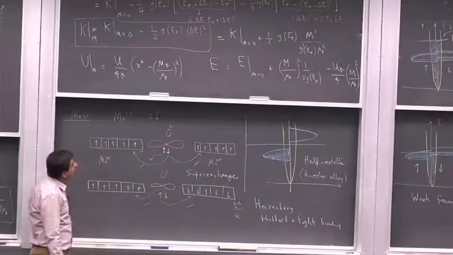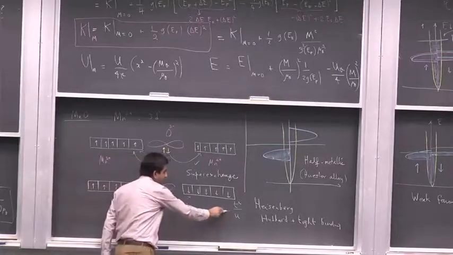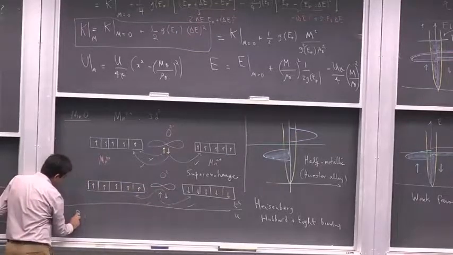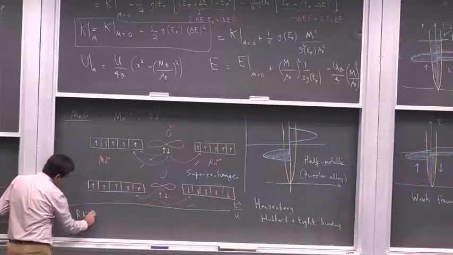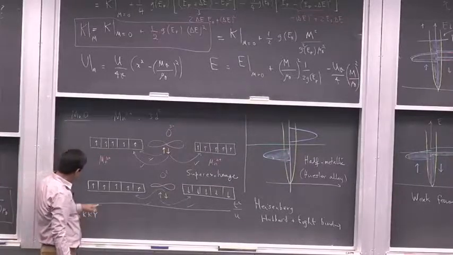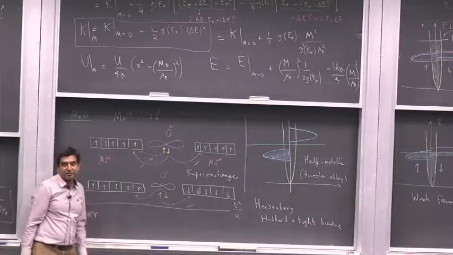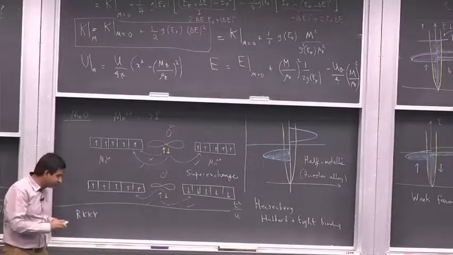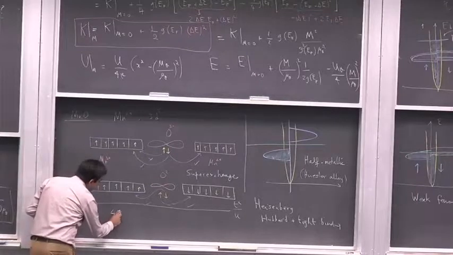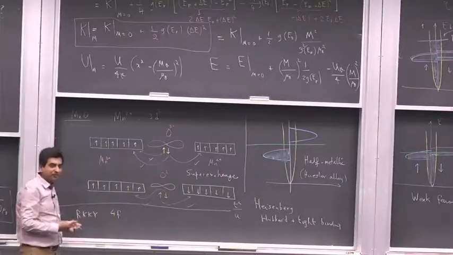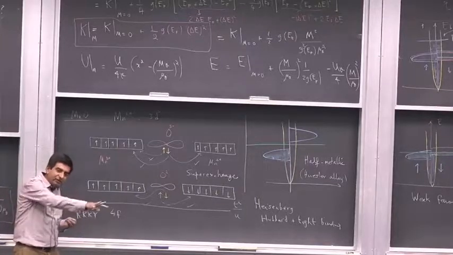You can also have another interaction, the RKKY interaction. It is the Ruderman, Kittel, Kasuya, Yosida interaction. In this interaction, you have a magnetic ion, for example a 4f ion such as gadolinium, terbium, or dysprosium, and a sea of electrons.